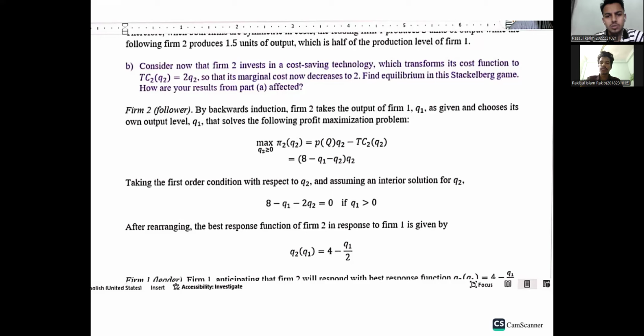Maximum pi 2 of Q2 equal to P(Q) times Q2 minus total cost of Q2, and the result is (8 minus Q1 minus Q2) times Q2. Taking the first order condition with respect to Q2 and rearranging the equation, we find the response of farm 2 to farm 1 is given by Q2(Q1) equal to 4 minus Q1 by 2.